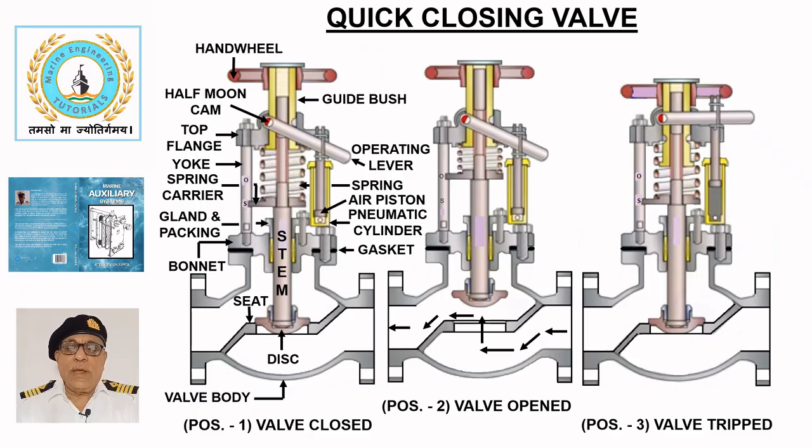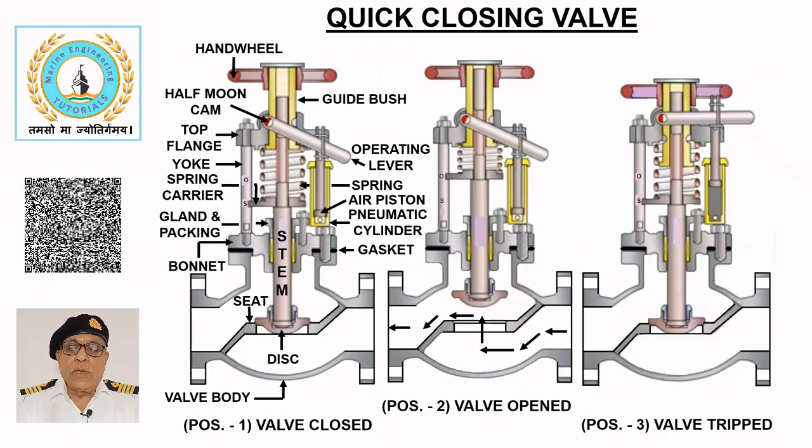To reset the valve again, the hand wheel is turned clockwise until the end position. The guide bush will rise up and when the operating lever is pressed, the half moon cam again engages with the groove in the guide bush.